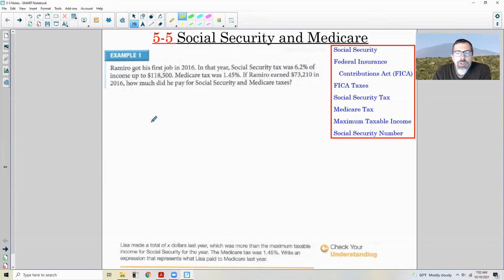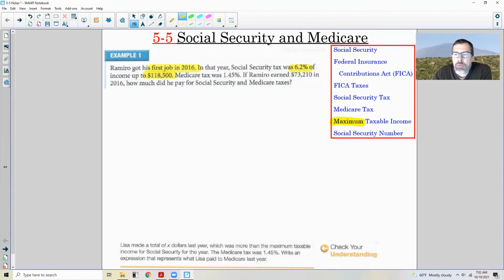Okay, example one. Ramiro got his first job in 2016. The reason they're telling us that is because you don't have a Social Security account until you start working. You get a Social Security number before starting work, and you have to have a Social Security card when you work. In that year, Social Security taxes were 6.2% of income up to $118,500.